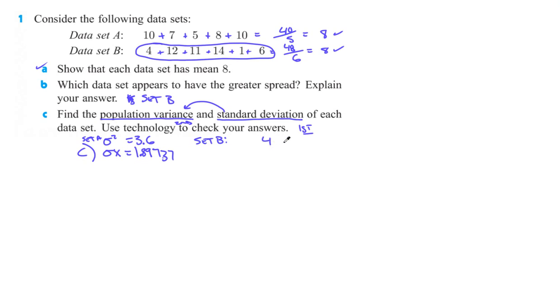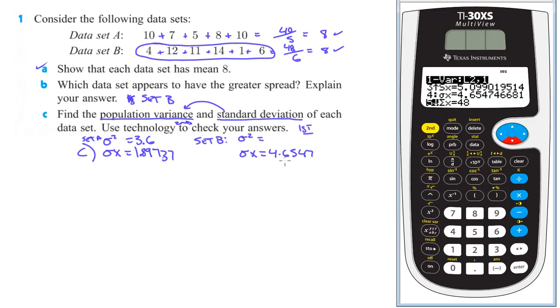That's our standard deviation. And then the population variance, that's simply going to be 4.6547 squared.